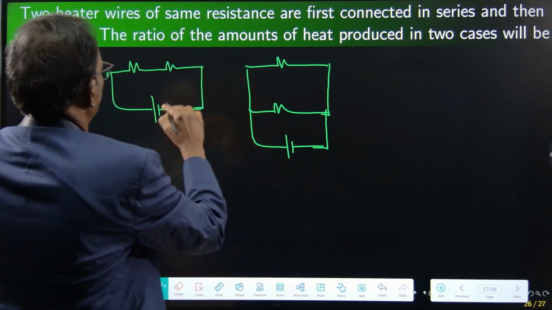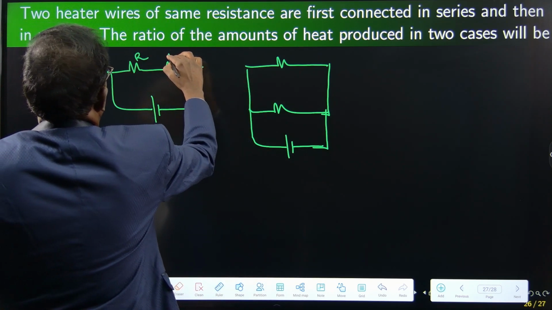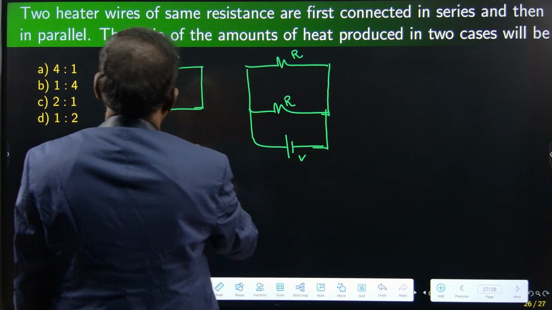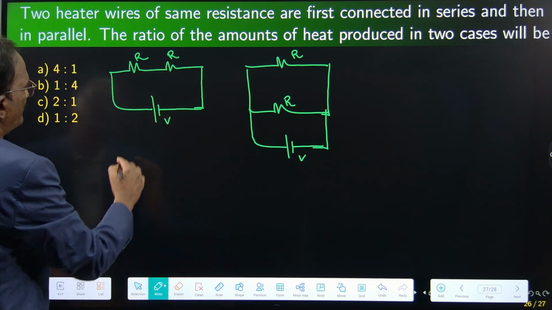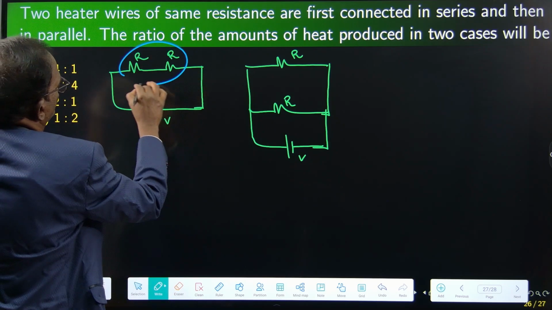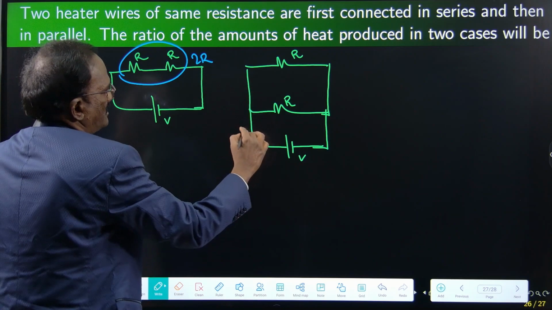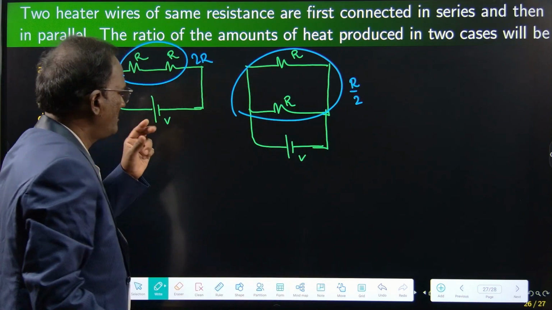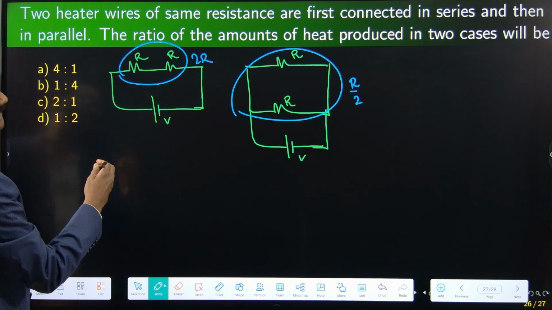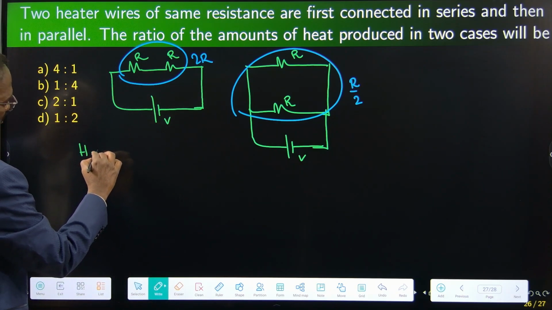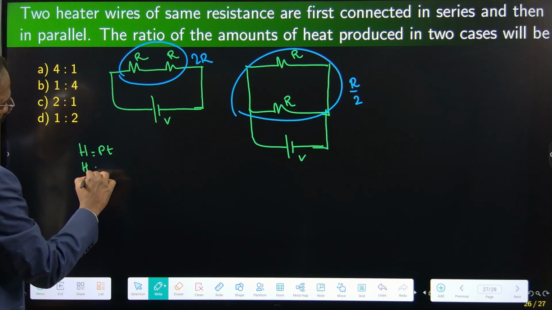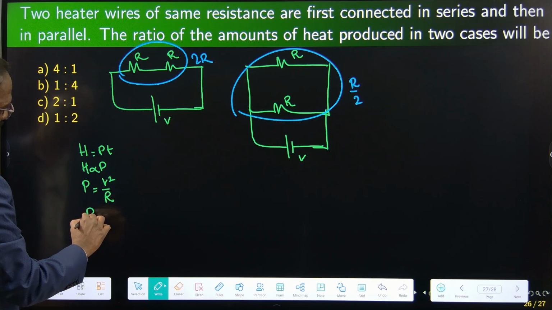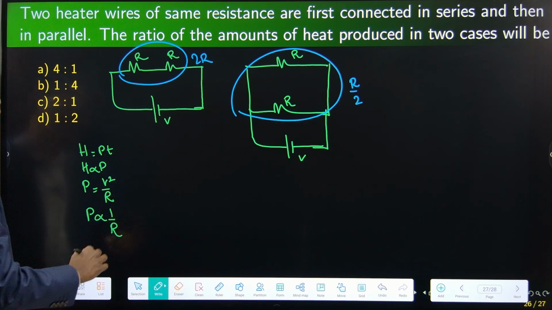The two heater wires have the same resistance R, with the same voltage V. In series the equivalent value is 2R, in parallel the equivalent value is R by 2. V is common. Heat is equal to power into T, so heat is proportional to P. P is equal to V square by R, so P is inversely proportional to R.